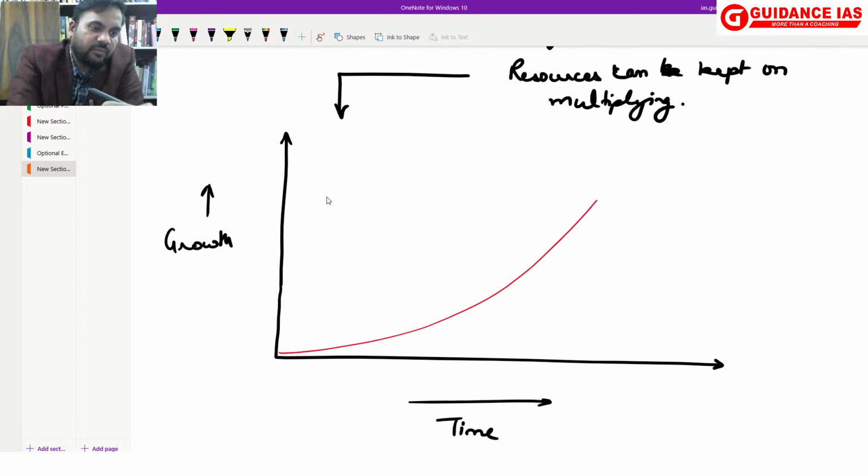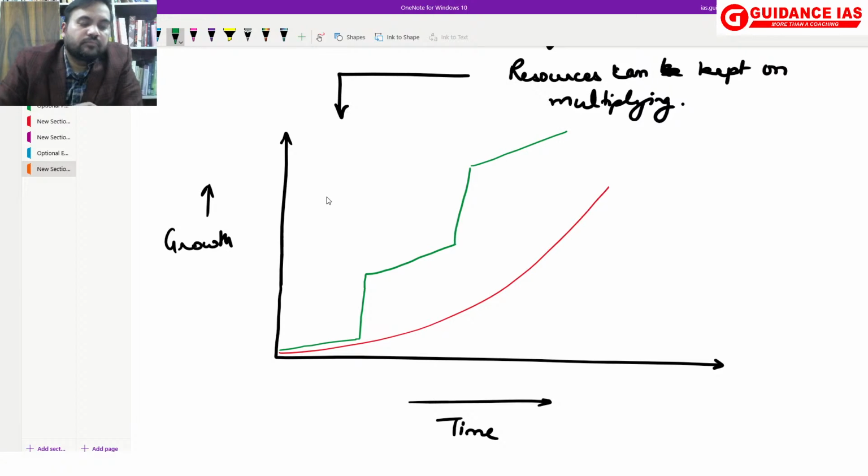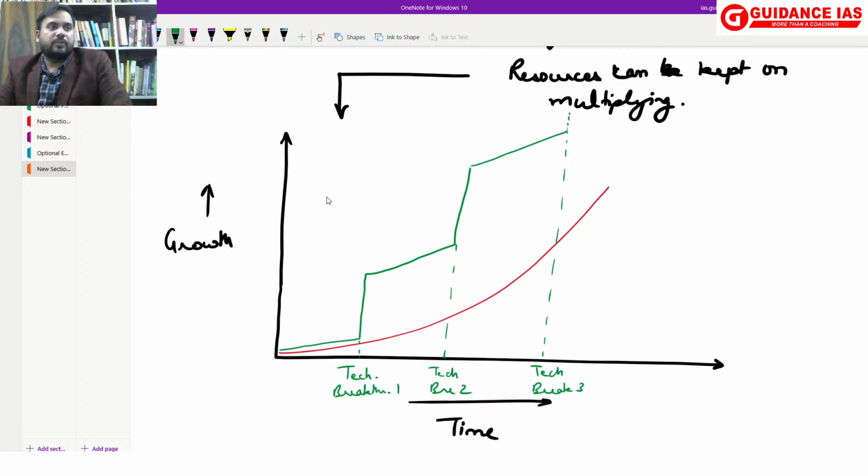So, okay, population might grow like this, but what is very important thing with respect to the resources, if there are these technological breakthroughs. Technological breakthrough 1, technological breakthrough 2, technological breakthrough 3, and so on.